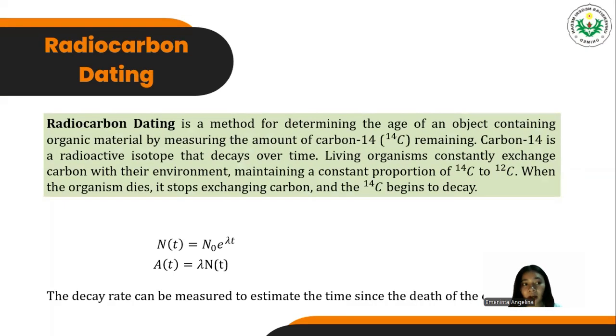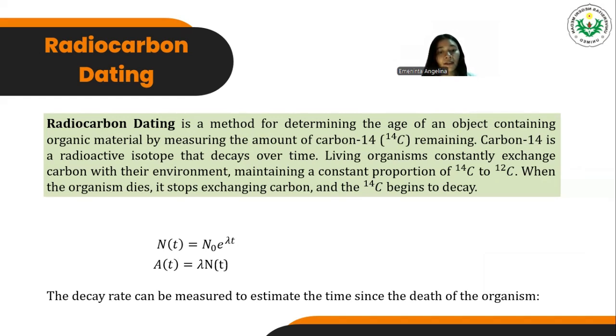The next material is about radiocarbon dating. Have you heard about radiocarbon dating? Radiocarbon dating is a method for determining the age of an object containing organic material by measuring the amount of carbon-14 remaining. Carbon-14 is a radioactive isotope that decays over time.